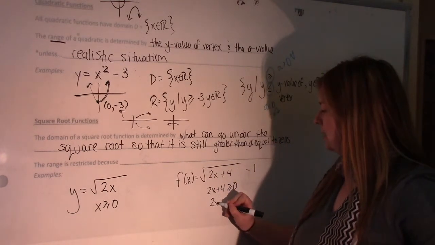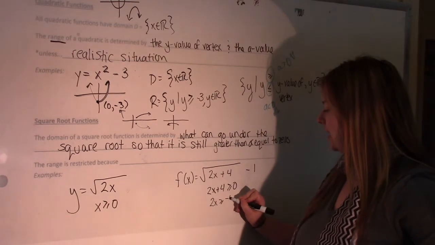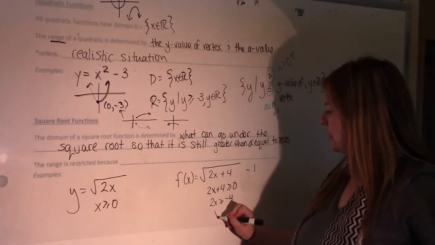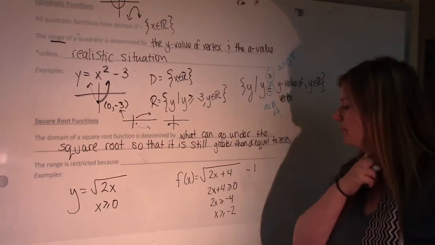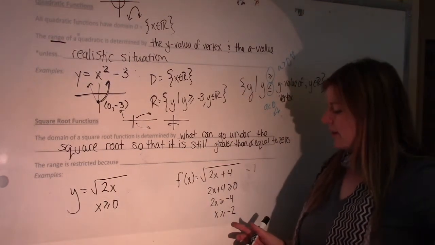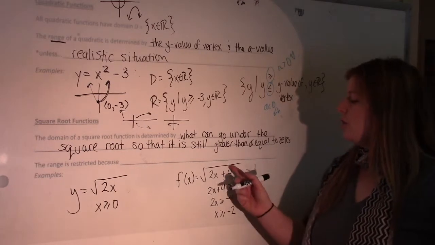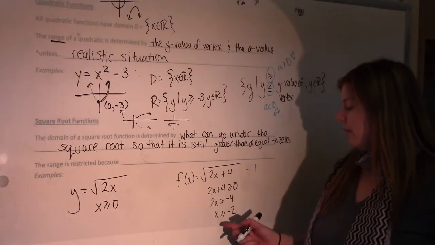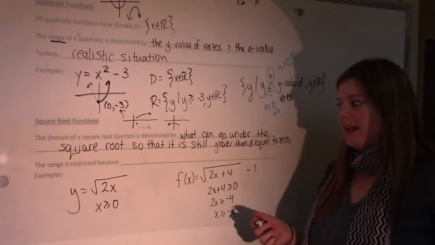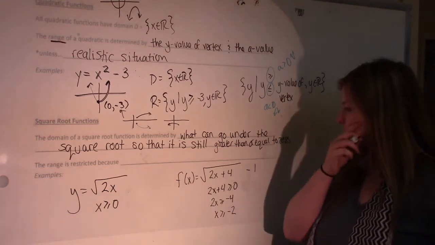So you just have 2x is greater than or equal to negative 4. You just move it over. So x has to be greater than or equal to negative 2. So if x is greater than or equal to negative 2, you know that whatever is under the square root is non-negative, positive or including 0, and therefore that's the domain.